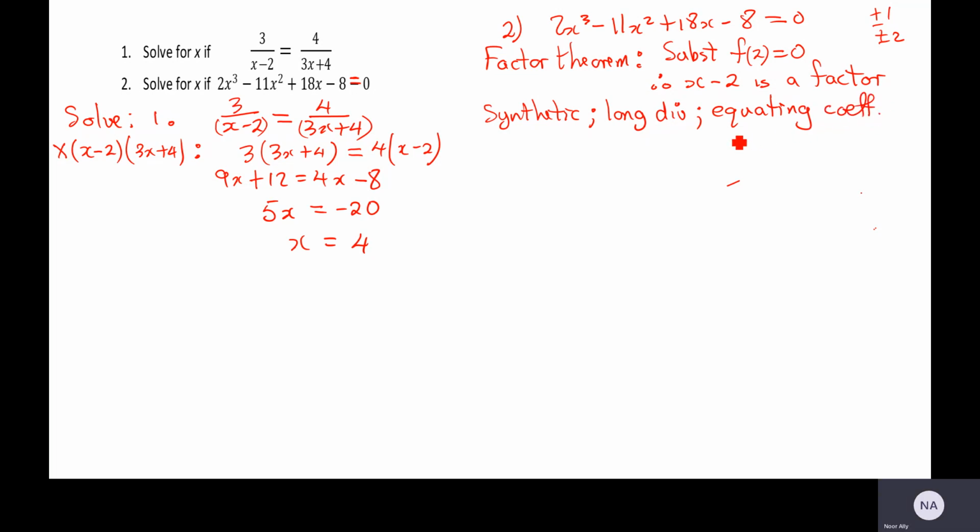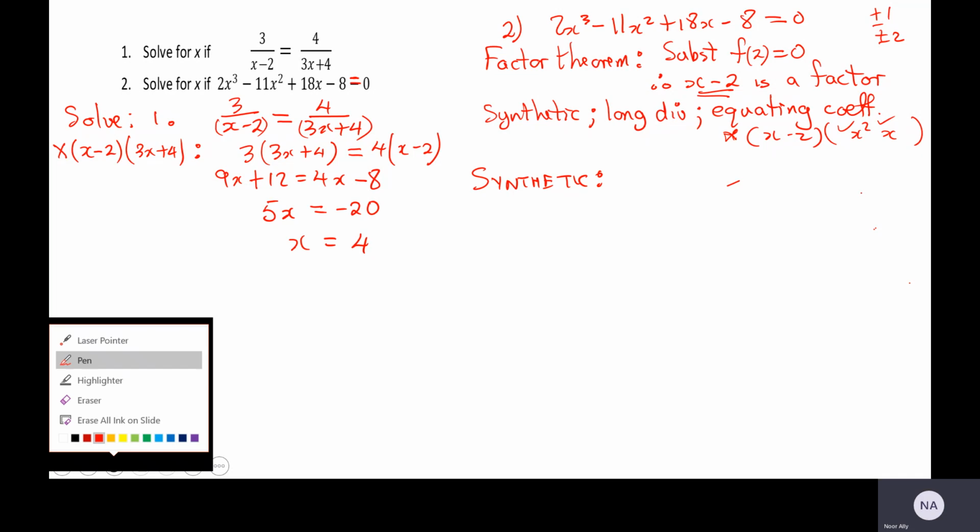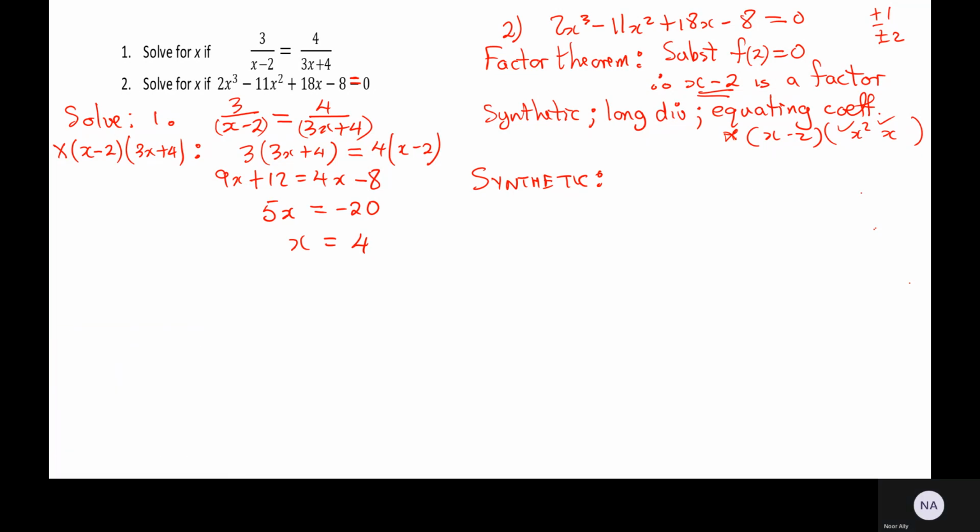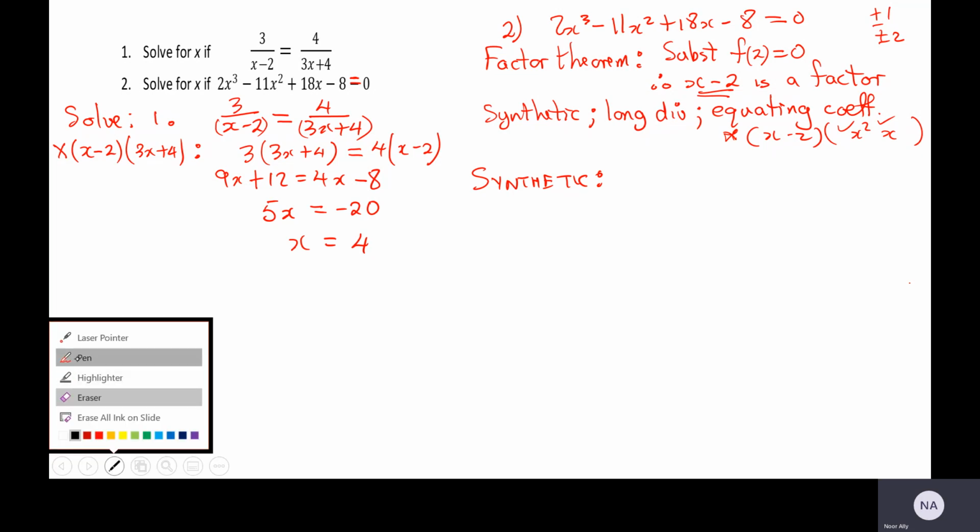I'm not going to do it, but remember you did this with x minus 2, and then the x squared, and you used k or whatever, and worked it out and eventually got your answers. So I'm going to use synthetic division. Why can I use it? Because my divisor is linear. I'm just going to go through the process quickly, and I want you to do it yourself as well, to check that you get the same answer, whichever way you want to do it.